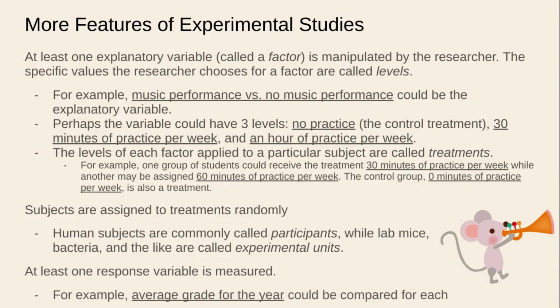So, for example, we could use average grade for the year. That could be the quantifiable variable for academic success. So we see if whether we practice 30 minutes, 60 minutes, or 0 minutes at all has an influence on the average grade for the year, whether a difference in practice time affects your grade.